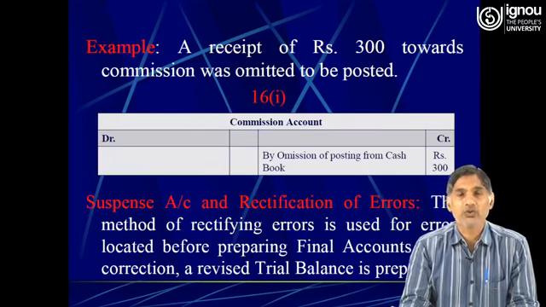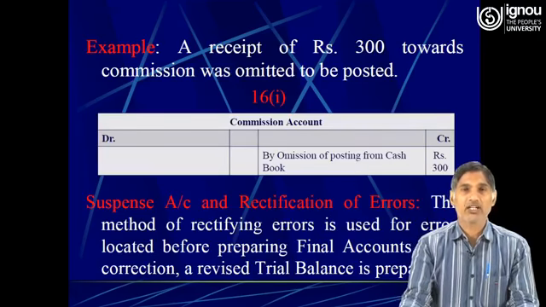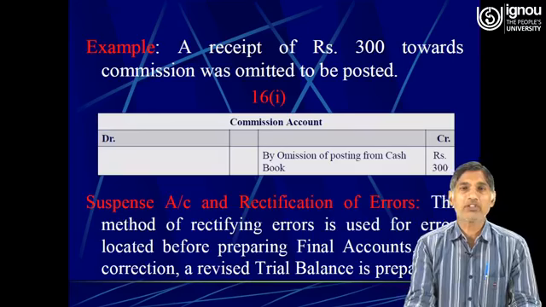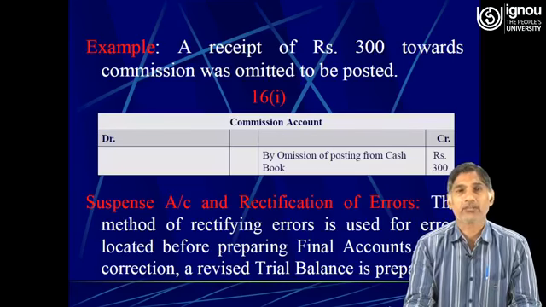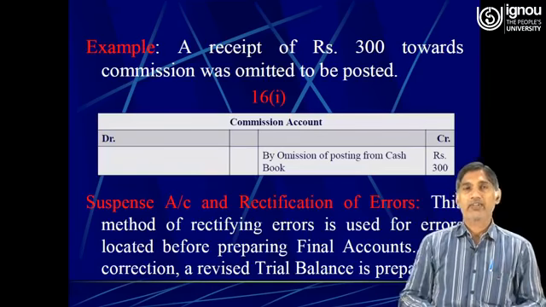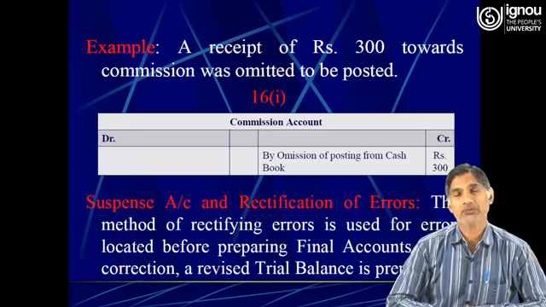Therefore, in order to correct the mistake, on the credit side of commission account we will write "by omission of posting from cash book". So here in this transaction, the journal entry which must have been passed in the books of original entry was cash account debit to commission.